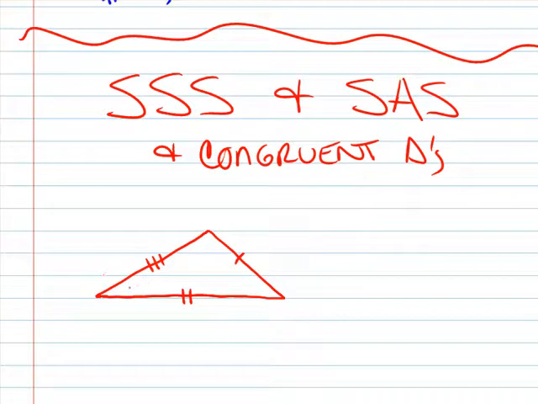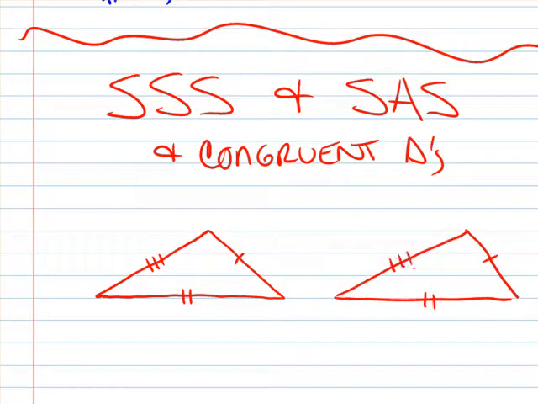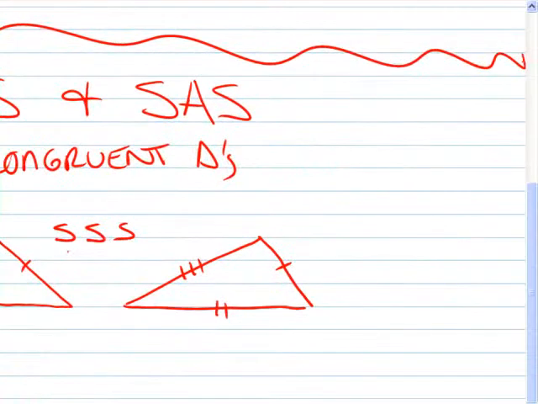So if I know that two triangles have the same side lengths, I really can't draw equal triangles, but you have to take my word for that. Then I know that the two triangles have to be equal. And that is called side, side, side.